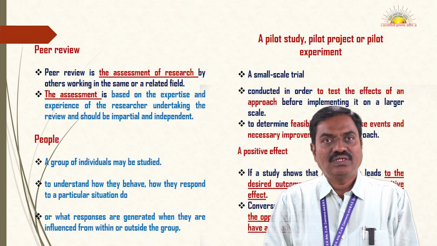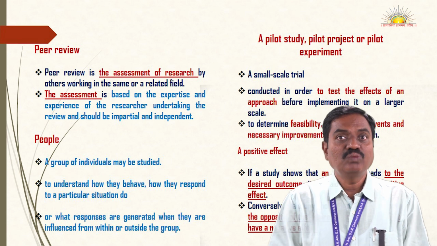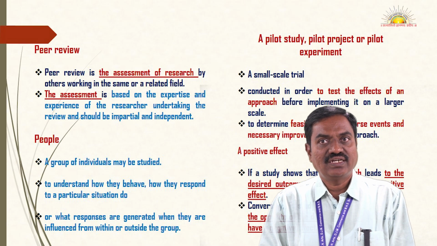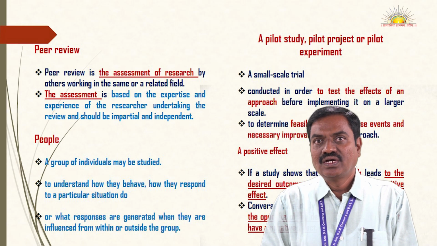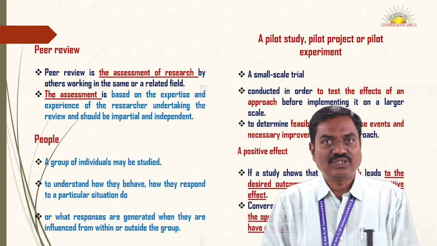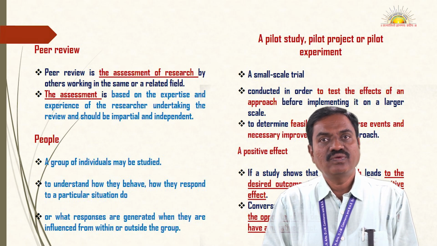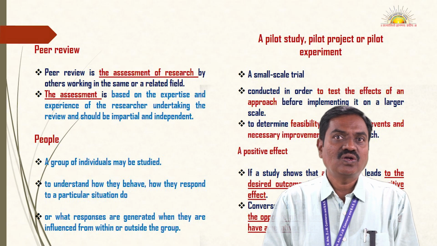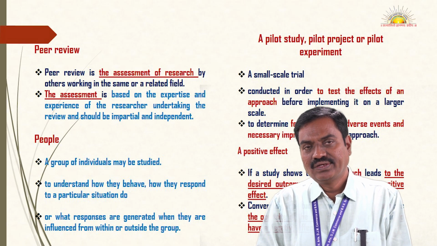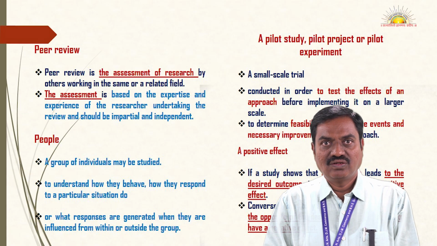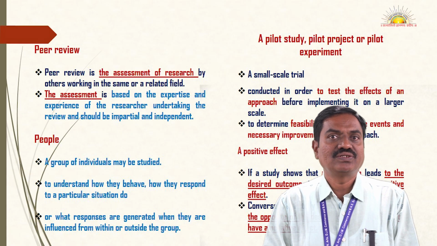The next term is people. The term people in research refers to a group of individuals who may be studied to understand how they behave, how they respond to a particular situation, or what responses are generated when they are influenced from within or outside the group. The next term is pilot study or project or pilot experiment.